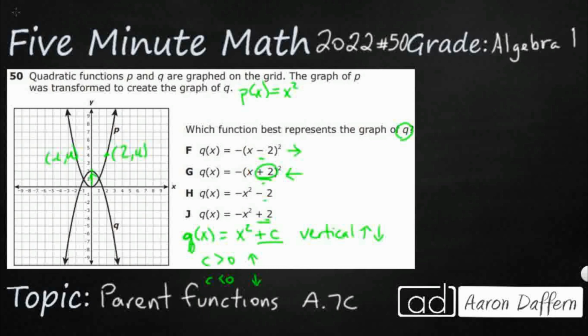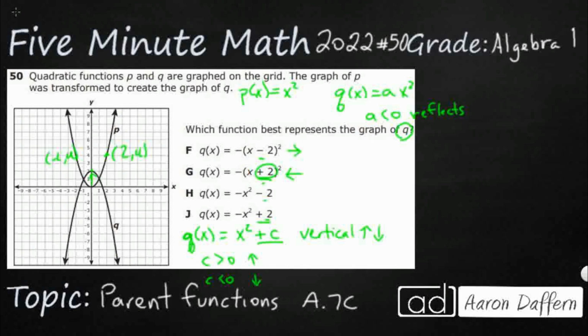How do we get the flip? Well, the flip is when you do this. You do q of x equals a x squared. You put a coefficient there in front of the x squared. Okay? And that stretches it or widens it, but if a is less than 0, it actually reflects or flips across the x-axis.